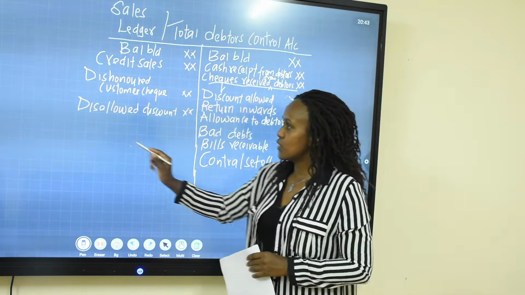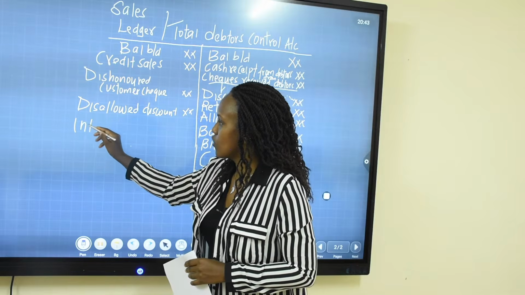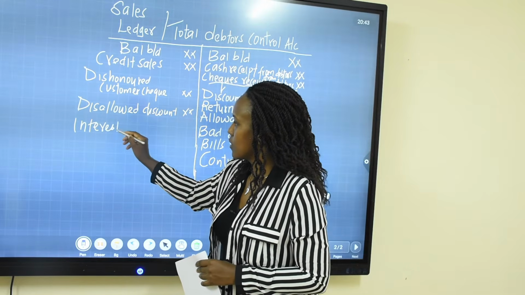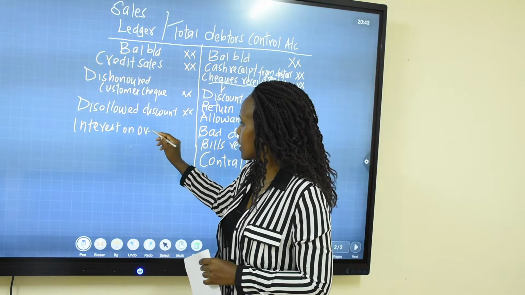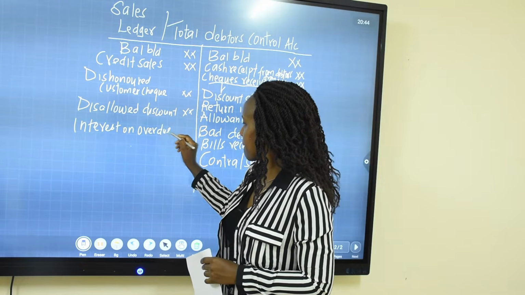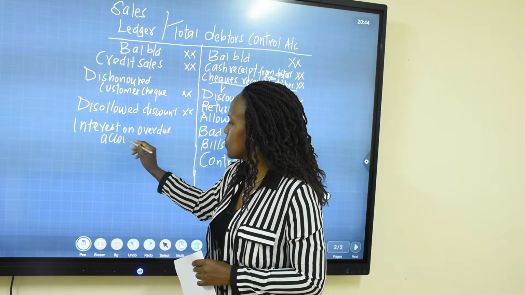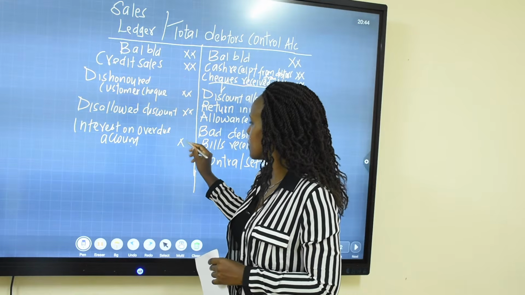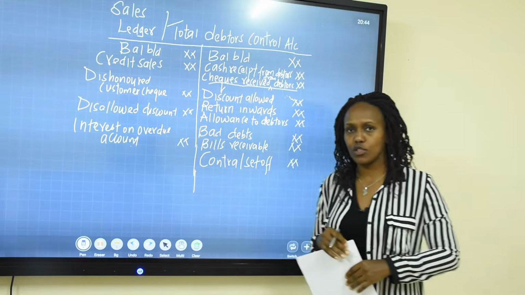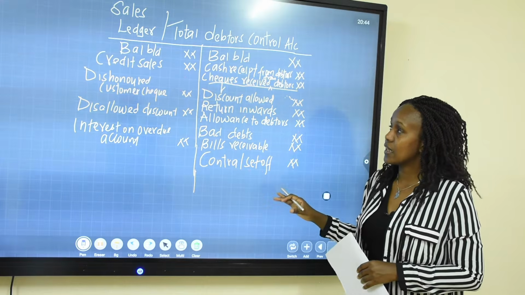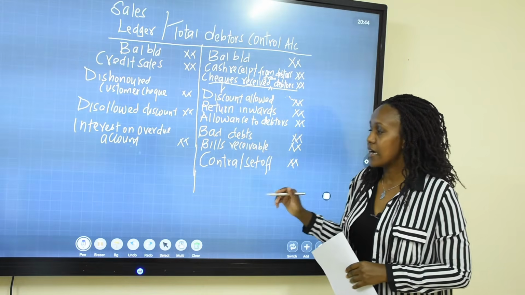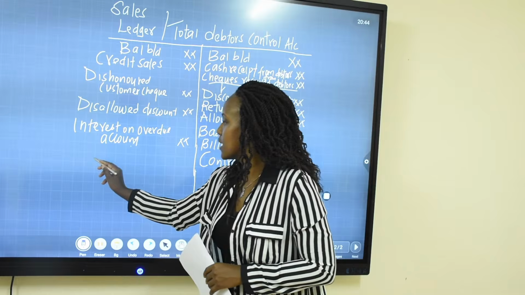So one more thing is that you may also charge the interest on overdue account. So sometimes if you do not pay in good time, you may be charged some interest on the overdue account. So this is how a sales ledger control account will look like. Again, it is going to have balances on both sides.